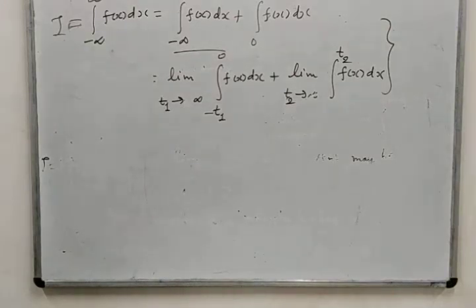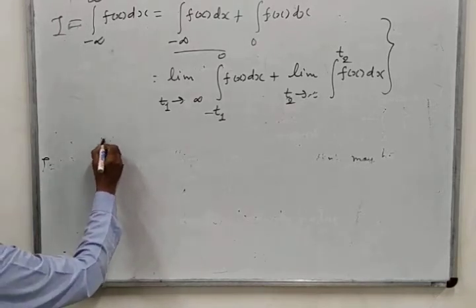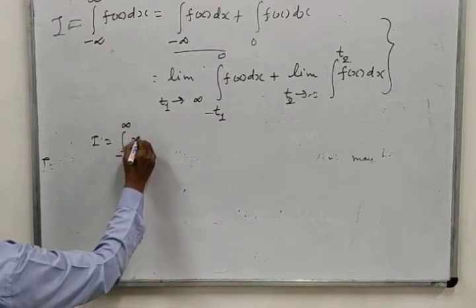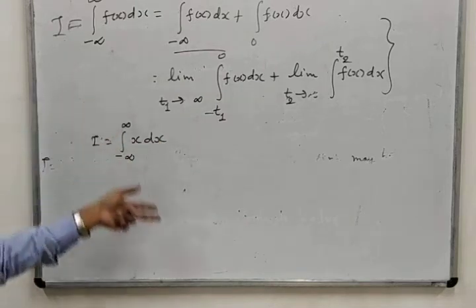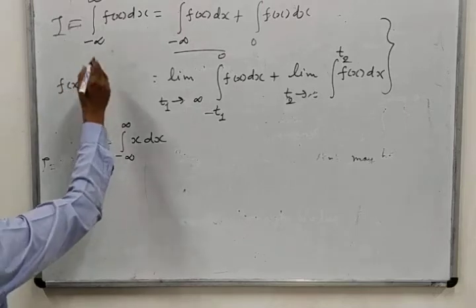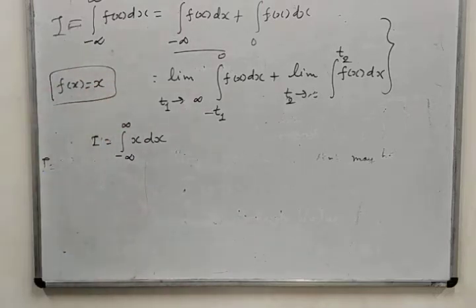So how does this problem arise? To understand this in a proper way, let us consider one example. Suppose we want to find out the integration I equal to minus infinity to infinity x dx. Very simple example. Because in an examination you may also be asked to give the value of f of x for which it is not possible. So you can assume this as f of x equal to x.